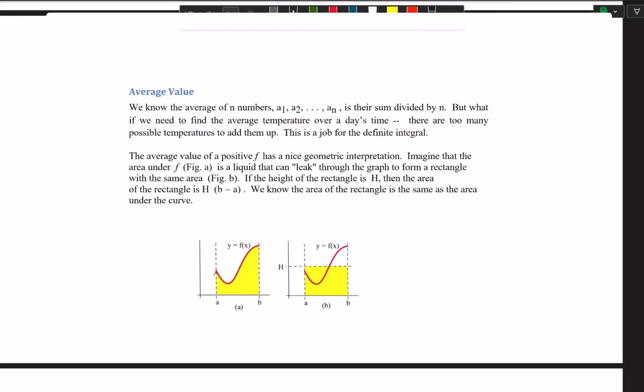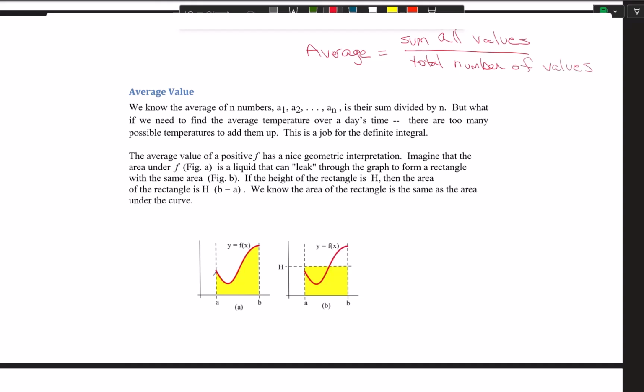The last thing we're going to talk about today is the average cost. We know how to find average. Anytime we want to find average, we sum all the values and we divide by the total number of values.